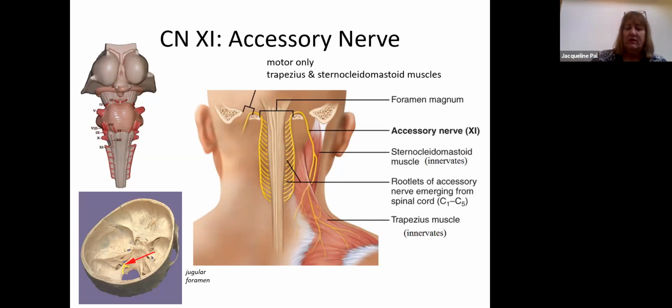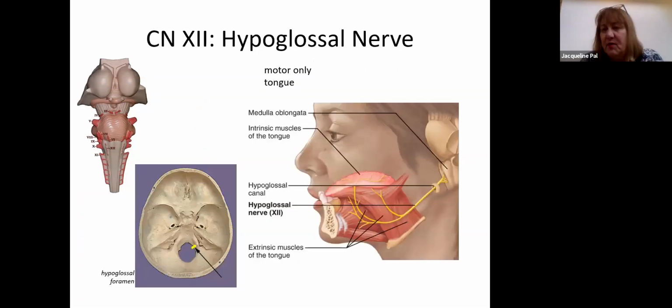All right, which brings us to our 12th cranial nerve, and that is the hypoglossal nerve, which means what? That's right, under the tongue. So this is a nerve that travels under your tongue, and it's motor only. It allows you to move your tongue. So let's look at the picture on the left a little closer so you can see where this is.